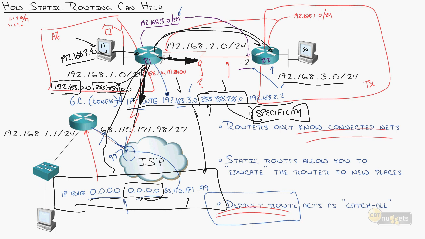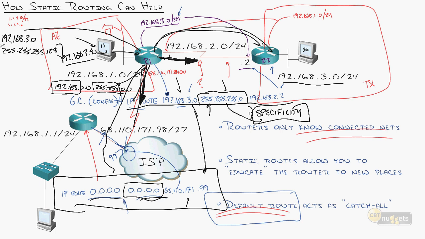Now, you guys are subnetting masters, right? But if I created a third route on router 1, to reach 192.168.3.0 with a subnet mask of 255.255.255.128.